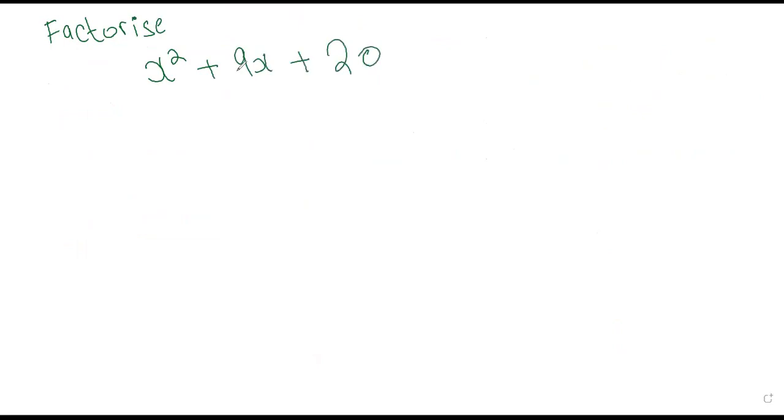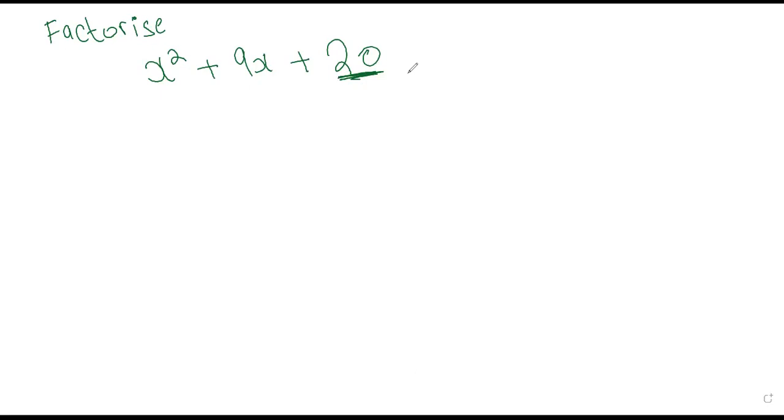Okay, so do you have any idea how to factorize such expressions? Middle term breaking. Very well done. Excellent, excellent. Okay, so you need to think of two numbers such that when you multiply them, you get 20x square, and when you add them, you get 9x.